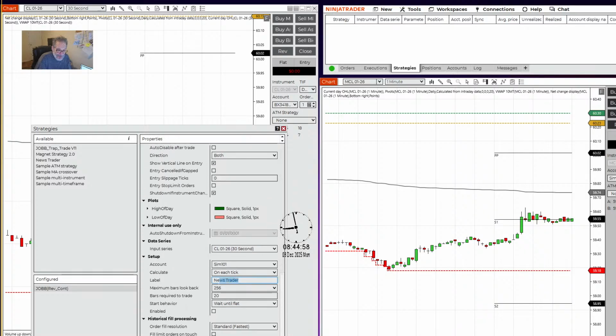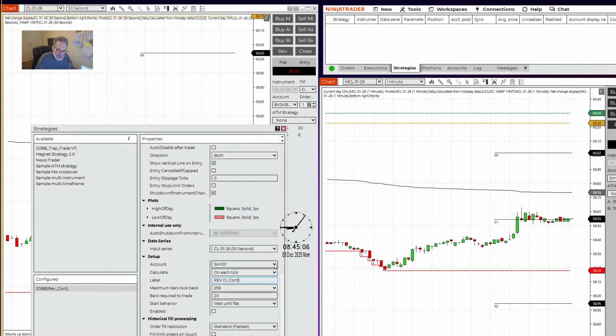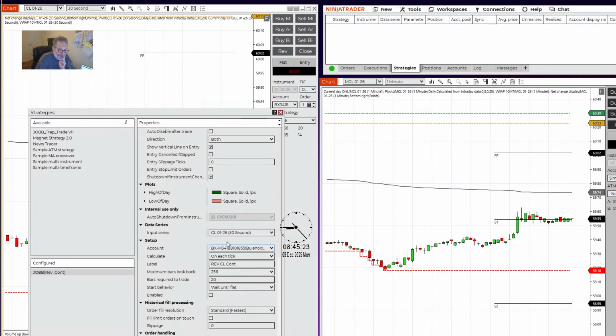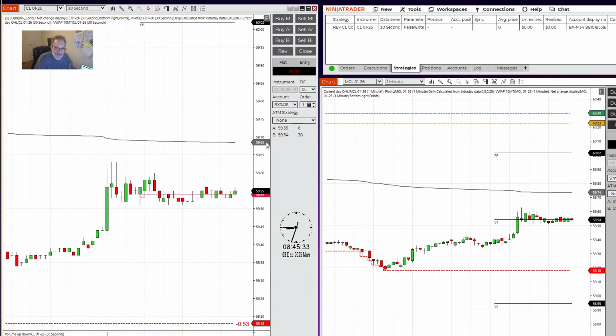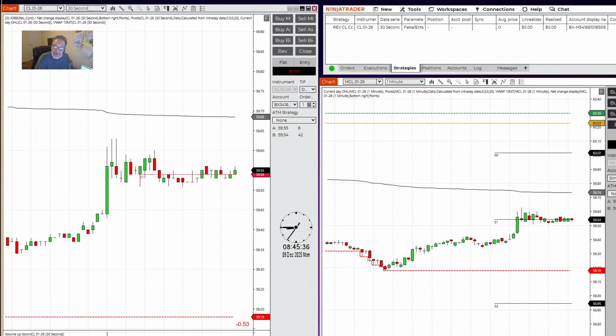Label it reverse CL continue, and then choose the account that you're trading it in. I'm trading this in my funded oil open account. I'll trade other things in this account, but I'm definitely focusing on this trade in this account. So let's turn it on. That's just a reverse continuation.